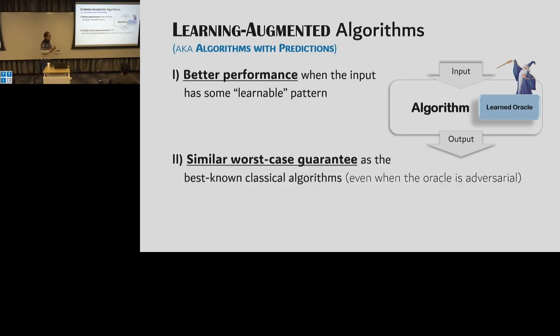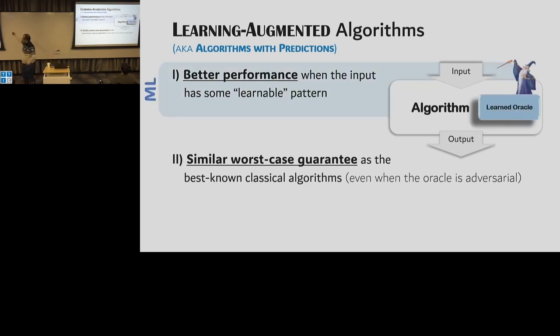But on the other hand, we don't want to sacrifice the worst case guarantee that we already know. So we would like to make sure that no matter how that oracle works, even if the oracle is adversarial, we can still be comparable to the existing worst case guarantee.